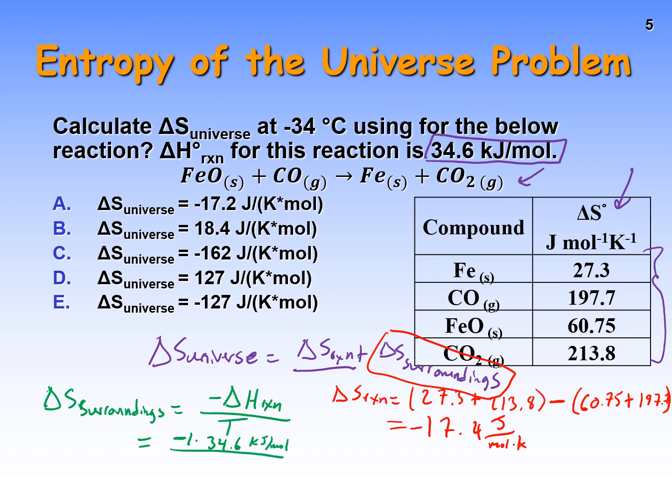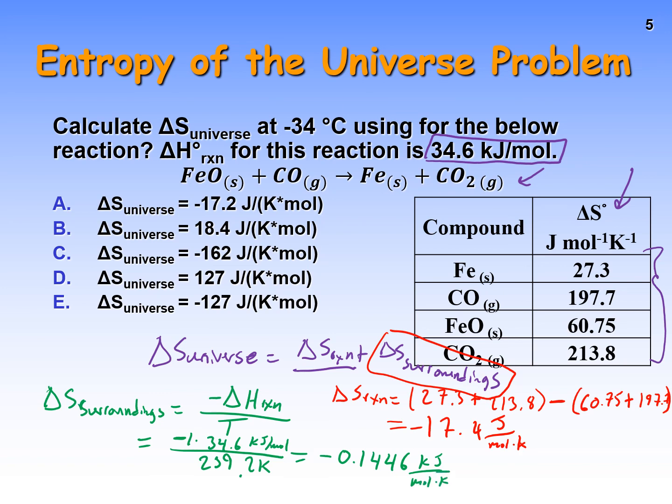Now we need to calculate the temperature in Kelvin, and we have it in Celsius. If you don't know how to do that, just let me know, but I'm not going to show that work here. You should get around 239.2 Kelvin. If we divide these out, 34.6 divided by 239.2 times negative 1 gets us negative 0.1446 kilojoules per mole Kelvin.